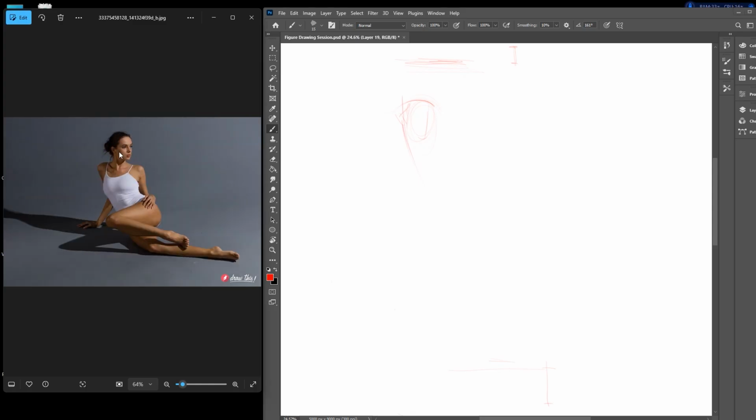Since I have put the head, the most important piece of the figure drawing, onto the canvas, now I can focus on the general pose of the body. And this is just one part. Let me give you an example. The head is very important, right?